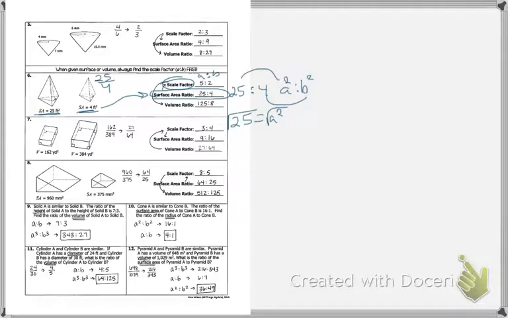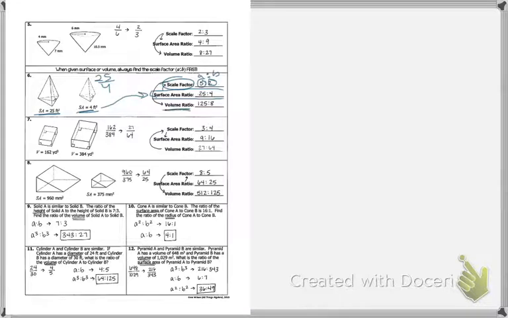Bam. 5 equals A. There's my 5. Then I go 4 is equal to B squared. Well, how do I get rid of the power of 2? Square root, I get 2 is equal to B. Bam. I now have my answers for the original scale factor.